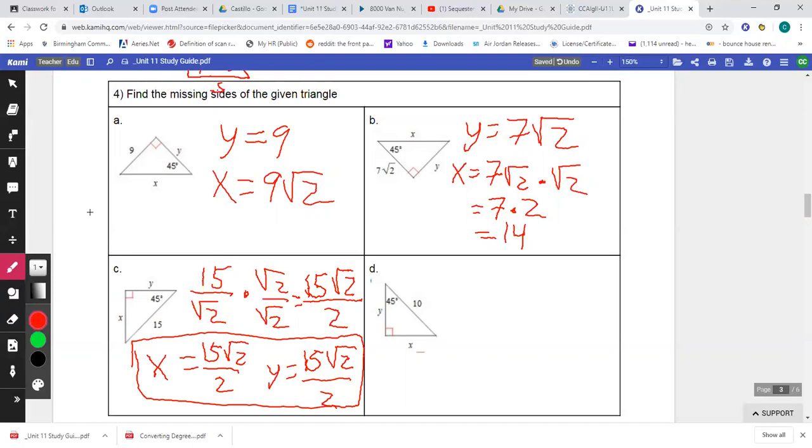Okay, let's look at D. Same thing. So we take 10 and we're going to divide it by radical 2.